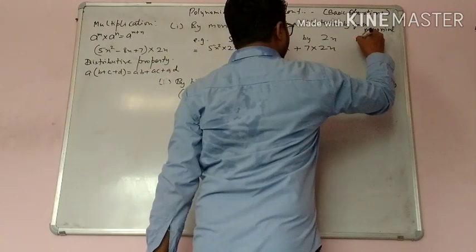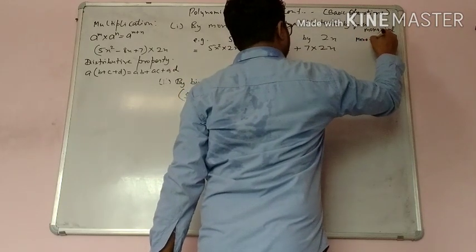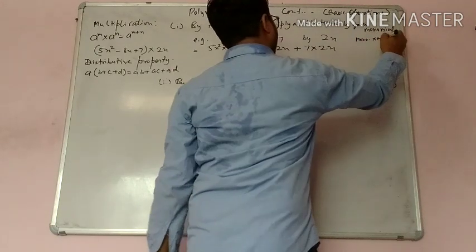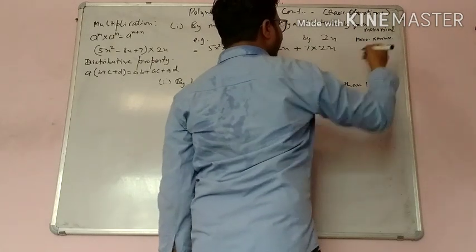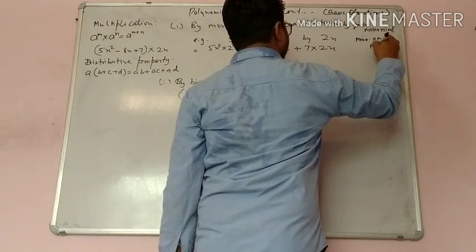Monomial multiplied by monomial, how can we do that? See, power of the variables will be added.